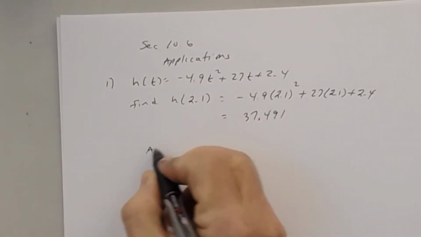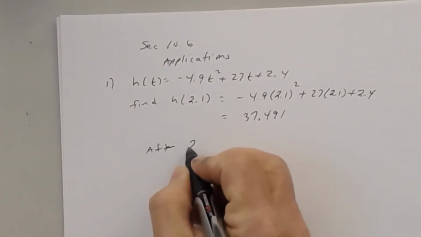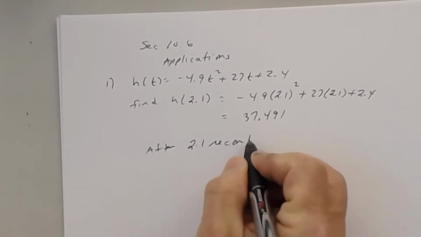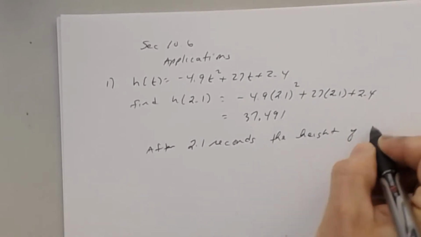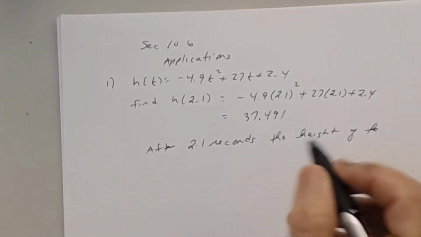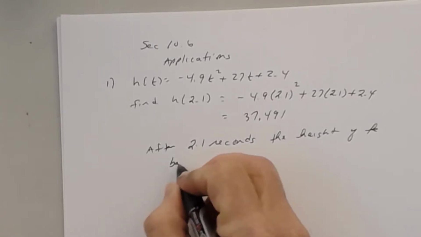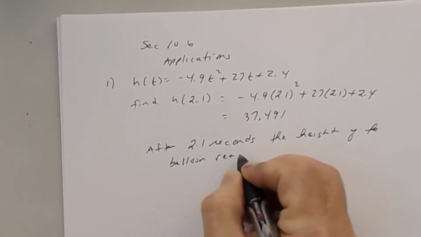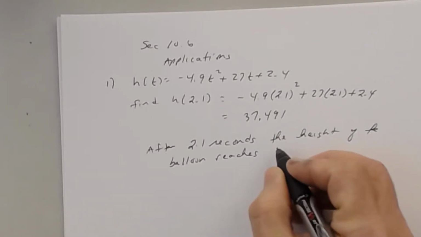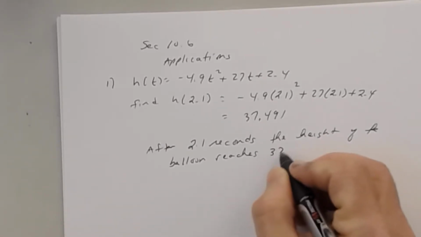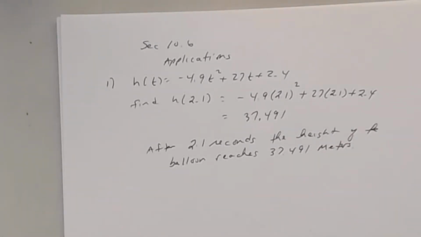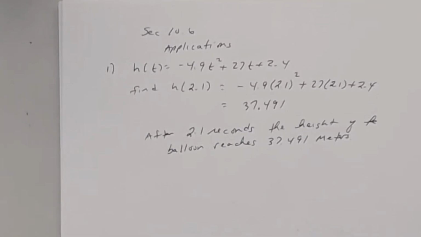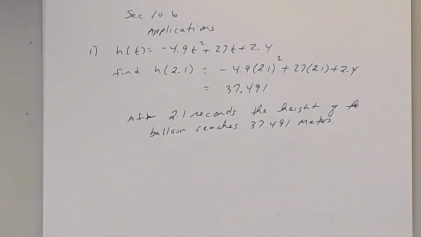So you'll say after 2.1 seconds, the height of the ball, this is a balloon, the height of the balloon reaches what? 37.491 meters. Okay, so that's the interpretation. So after 2.1 seconds, the height of the ball reaches 37.491 meters.